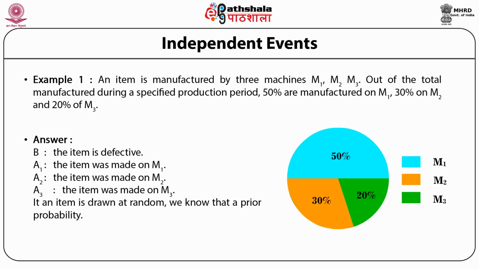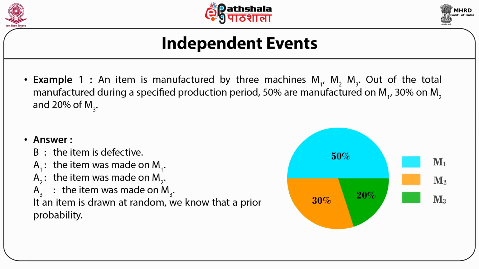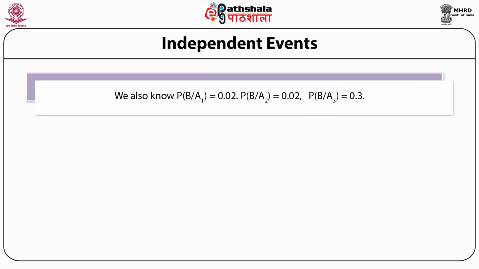Now start the solution. Let B be the event that the item is defective. A1 is the item made on M1, A2 is made on M2, A3 is the item produced on M3. An item is drawn at random. We know the prior probabilities of A1, A2 and A3 are given.